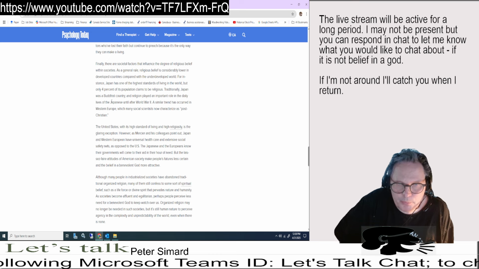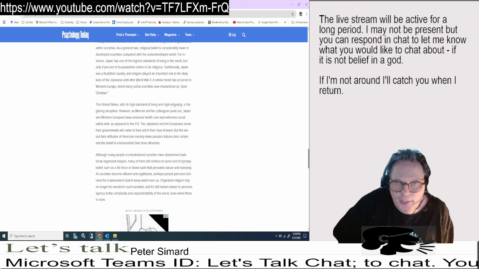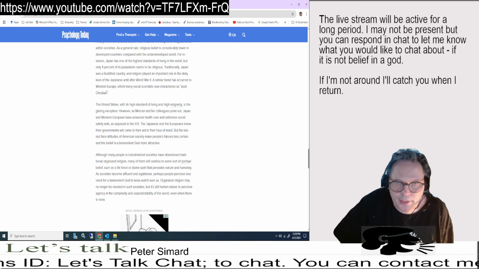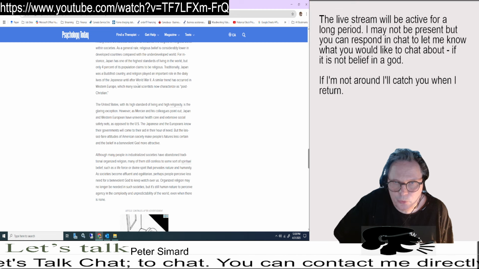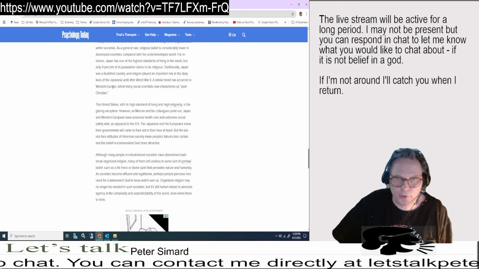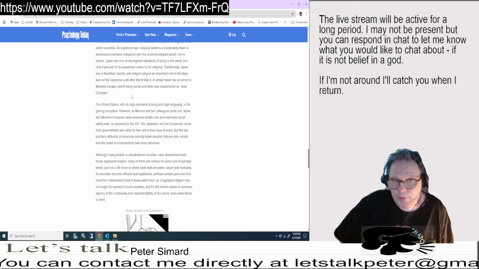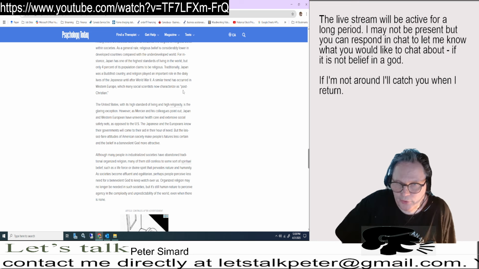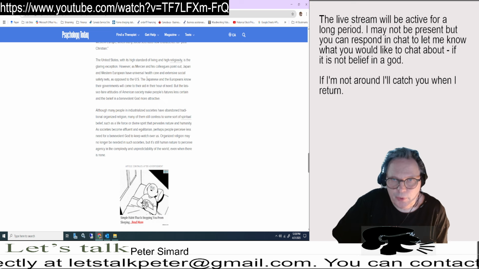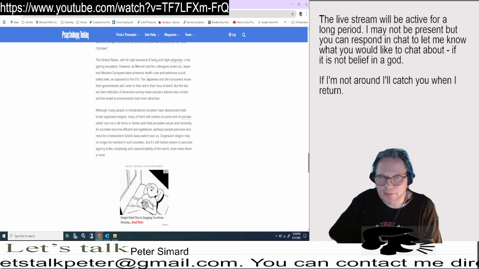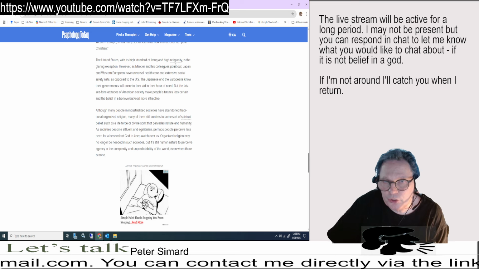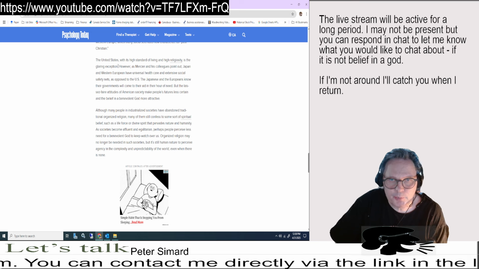Traditionally, Japan was a Buddhist country, and religion played an important role in the daily lives of the Japanese until after World War II. A similar trend has occurred in Western Europe, which many social scientists now characterize as post-Christian. The United States, with its high standard of living and high religiosity, is a glaring exception.